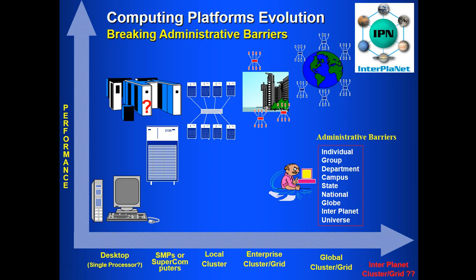After the local cluster, you can see the enterprise grid in this figure. Enterprise cluster grids offer high performance for running grand challenge applications. An enterprise cluster, or cluster of clusters, consists of some clusters that are connected through a high-speed network.